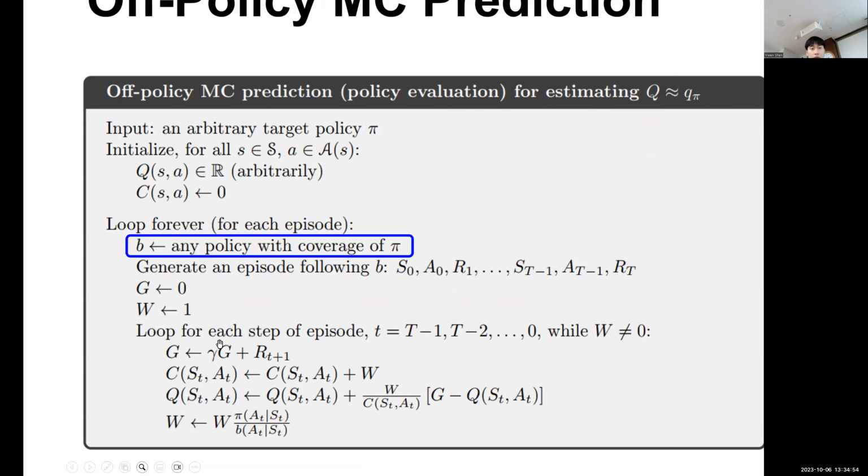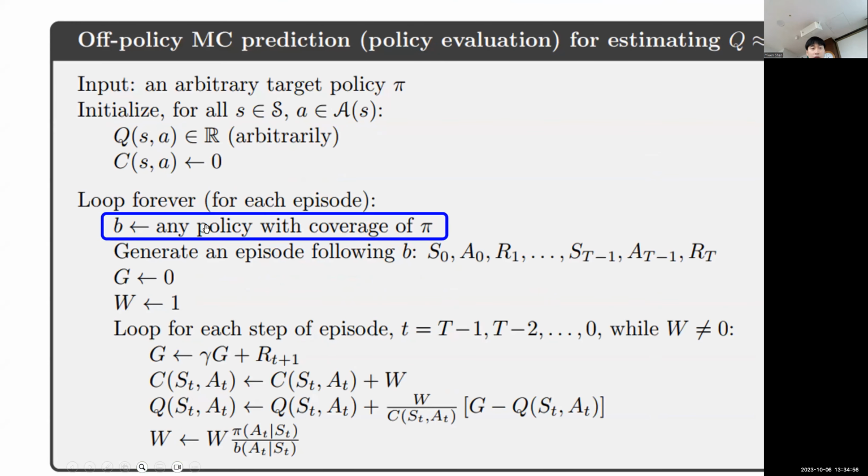So if you look at the others, they are similar. For any policy with coverage of pi, we create a behavior policy B based on pi. But the thing is, the policy B needs to cover all the actions of pi.